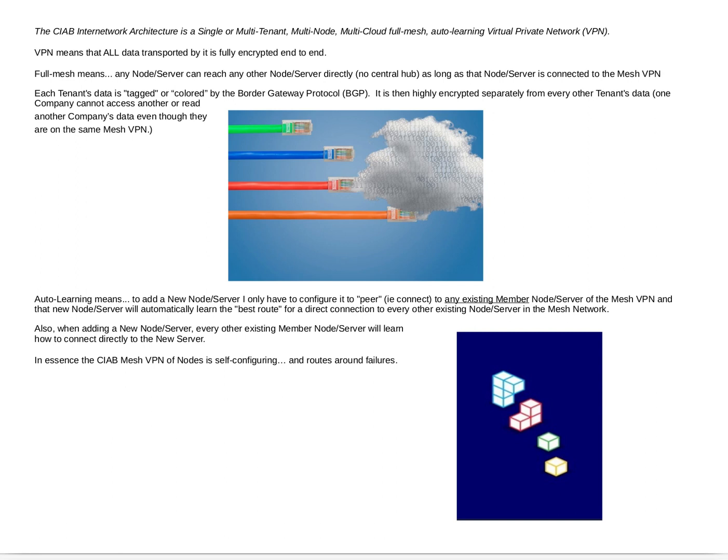Full mesh means that any node or server can reach any other node or server directly. There's no central hub, as long as the node or server is connected to the mesh VPN. If there are multiple tenants, each tenant's data is tagged or colored by the Border Gateway Protocol and then highly encrypted separately from every other tenant's data.